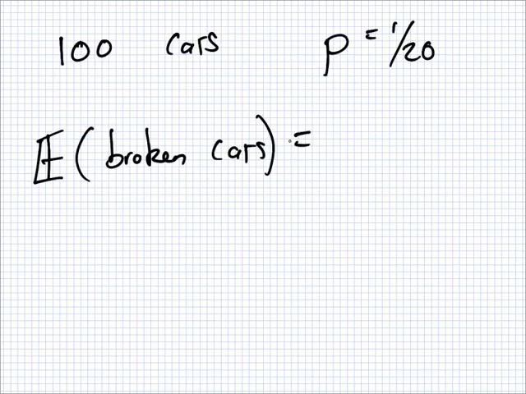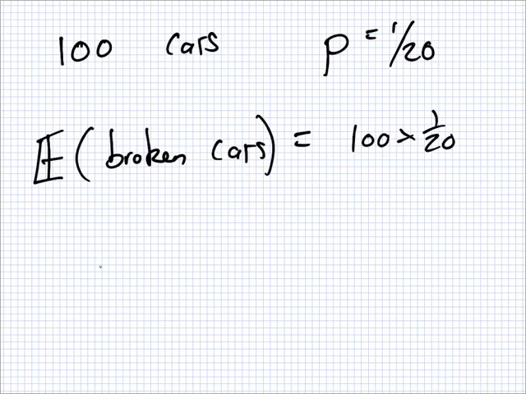If I have 100 cars and the probability is 1/20 that the car will be broken, how many broken cars do I expect in my 100? Yeah, how'd you get 5? It is 5. Yeah, 100 multiplied by 1/20.